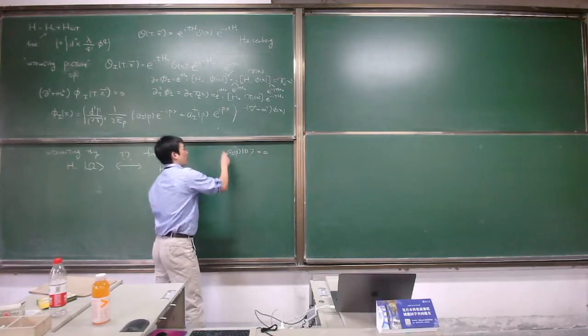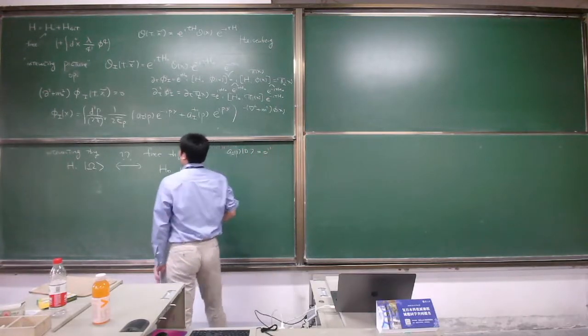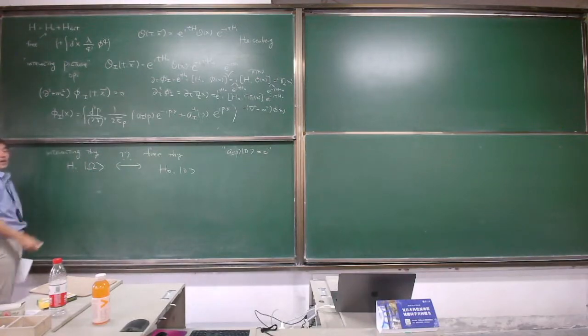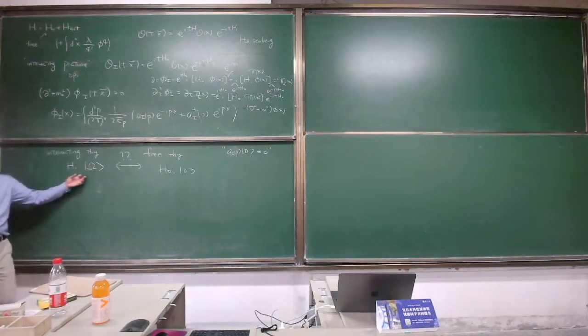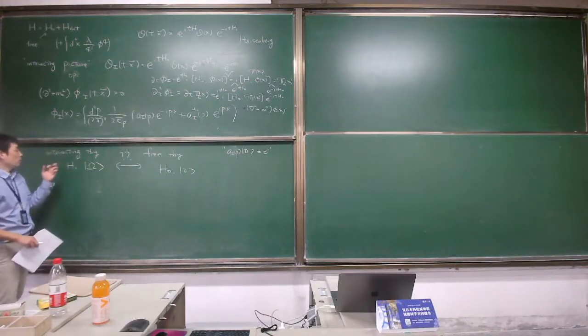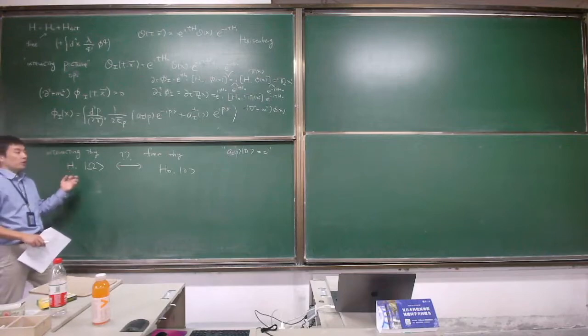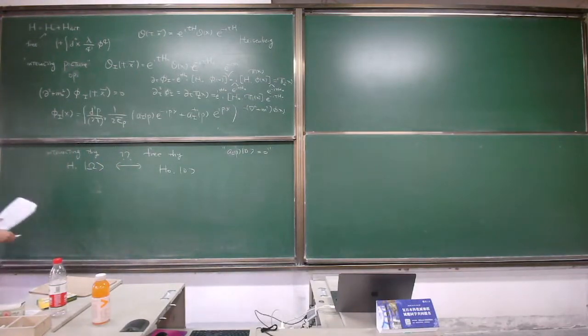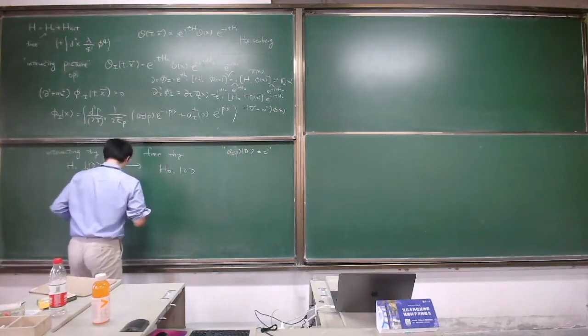So this is the definition of the free field vacuum. And the question is, what's the relation between the true vacuum, where Omega is the true vacuum in the interacting theory, and the free theory vacuum? And what is the relation between the Hamiltonian and H0, and so on?